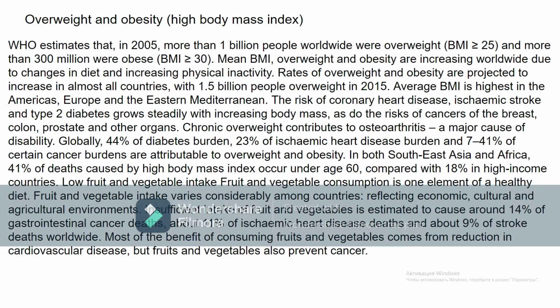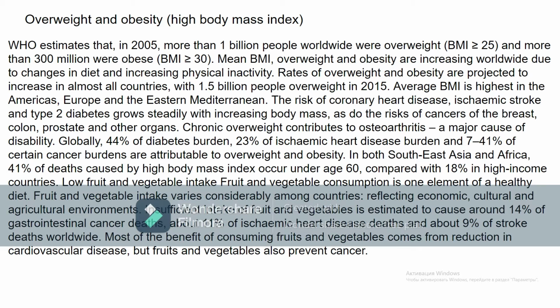Rates are projected to increase in almost all countries, with 1.5 billion people overweight in 2015. Average body mass index is highest in the Americas, Europe and Eastern Mediterranean. The risk of coronary heart disease, ischemic stroke and type 2 diabetes grows steadily with increasing body mass, as does the risk of cancers of the breast, colon, prostate and other organs. Chronic overweight contributes to osteoarthritis, a major cause of disability.